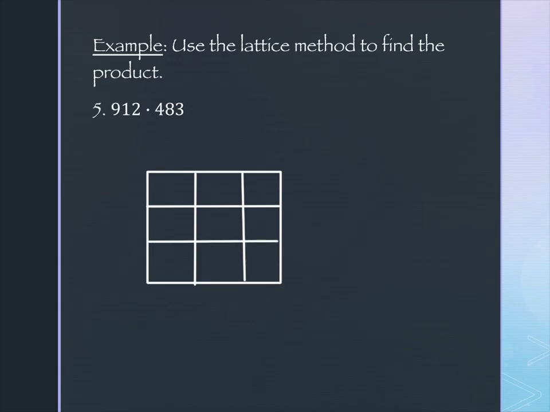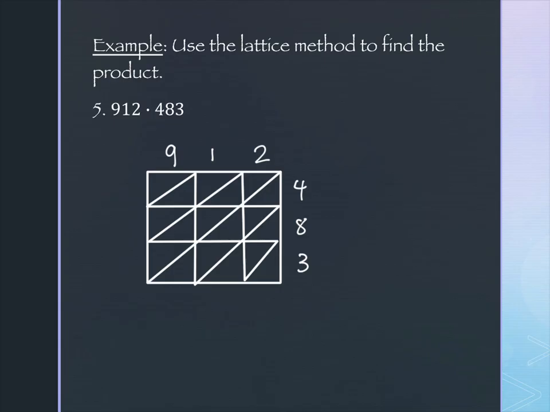It doesn't matter with the 912 and the 483 because they're both 3 digits where you put them, except that they go on the top and on the right. But you could flip these around if you wish. I'm just going to do them in order like this. So 912 on the top, 483 on the side. And we will make all of these boxes split along diagonals. Something like that.